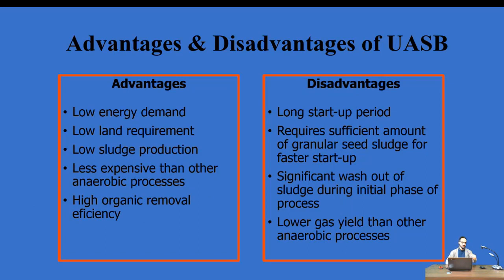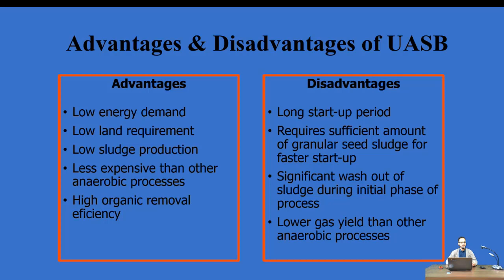The advantages and disadvantages of the upflow anaerobic sludge blanket could be summarized in this slide. Advantages: low energy demand, low land requirement, low sludge production, less expensive than other anaerobic processes, and high organic removal efficiency. The disadvantages could be summarized by a long startup period.